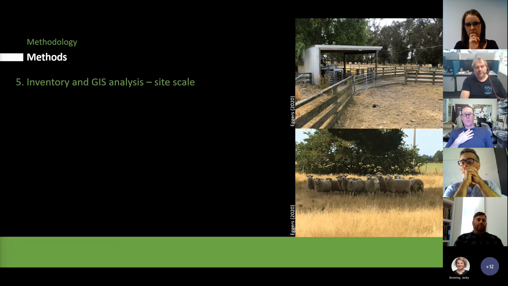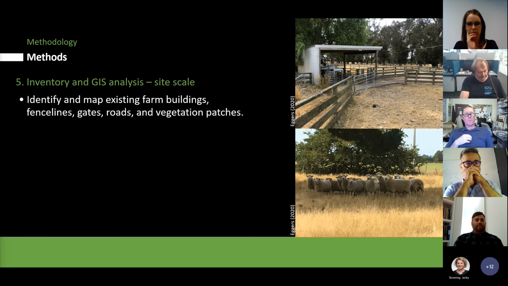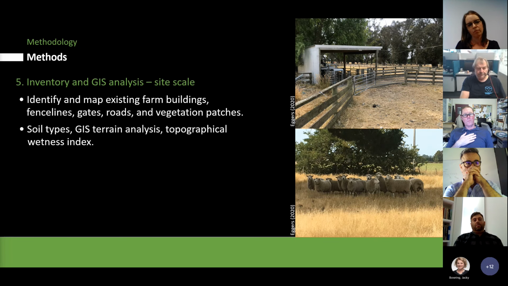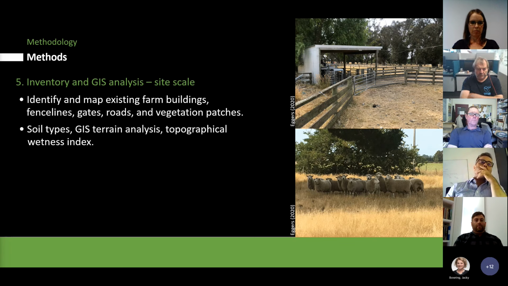Move down to an inventory and GIS analysis at the site scale, so at the farm. So this will be identifying the buildings, fence lines, gates, roads, etc., the vegetation that's already there, and then the soil types and a GIS terrain analysis, and formulation of a topographical wetness index through a GIS tool called SAGA.